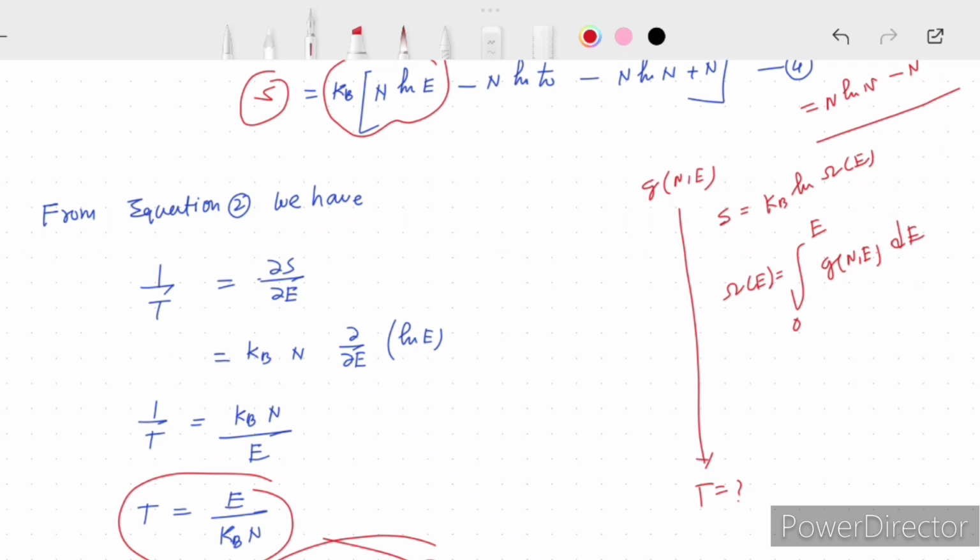From this we calculate entropy, and from the entropy we calculate the temperature using the thermodynamic relation. Please remember this sequence, how to go from density of state to temperature of the system.